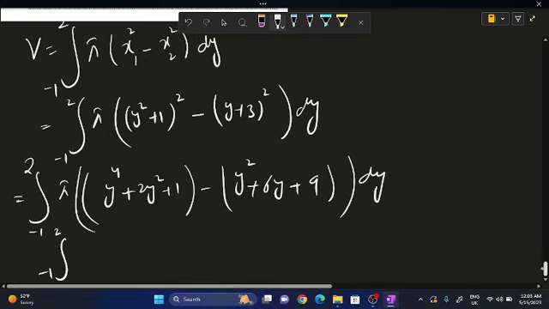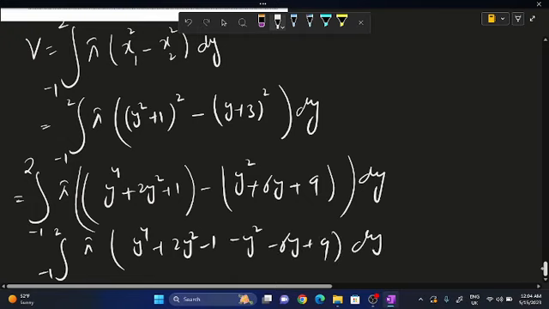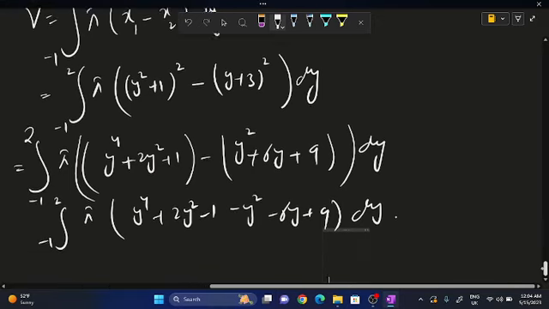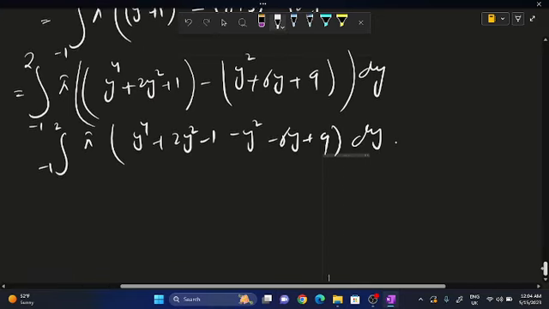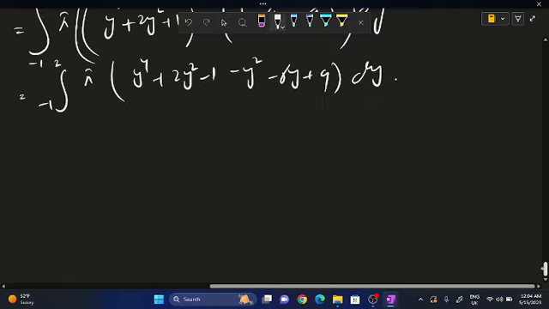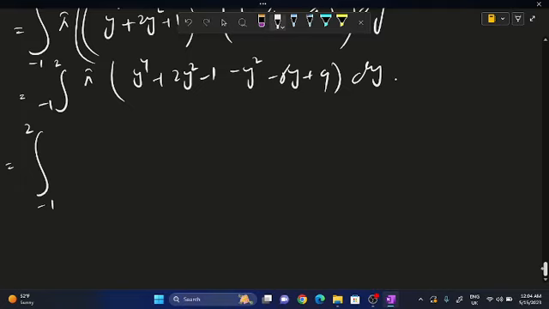That gives you -1 to 2 pi times y raised to the power 4 plus 2y square plus 1 minus y square minus 6y minus 9 dy. Solve the relevant terms together. -1 to 2, that gives you pi of y raised to the power 4 plus y square minus 6y minus 8, and integration is along dy.